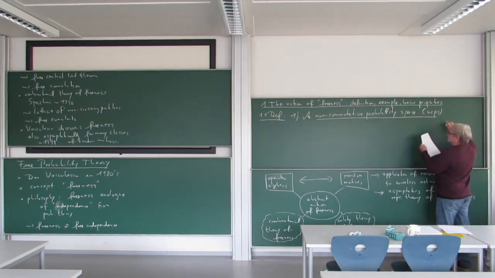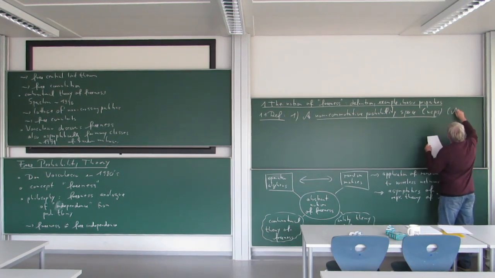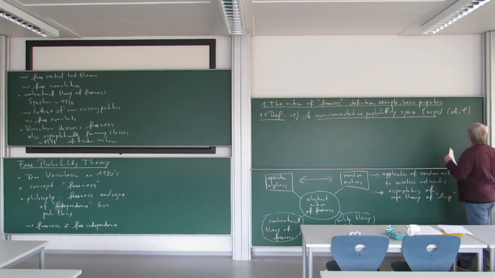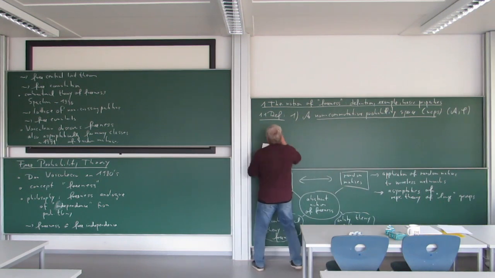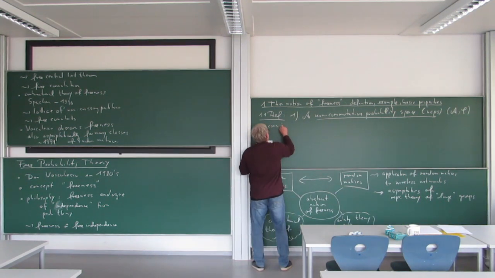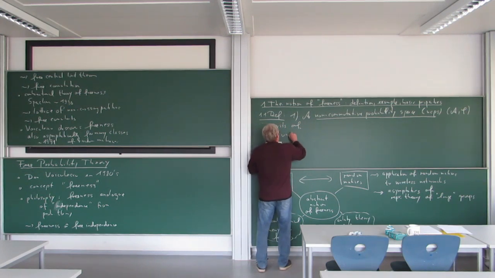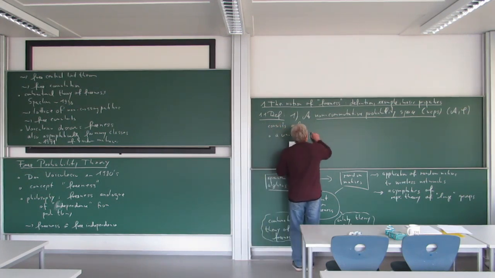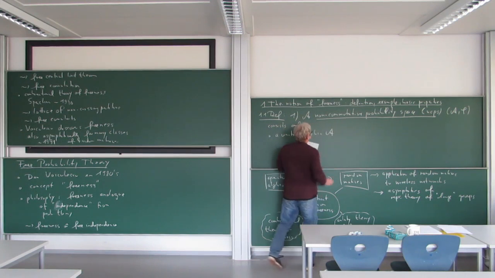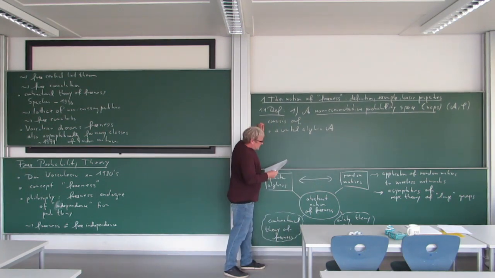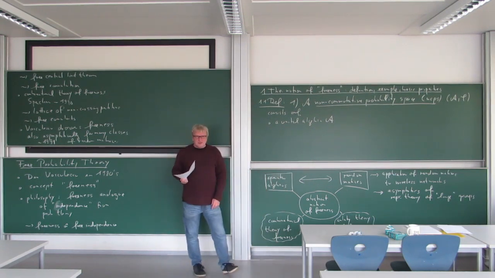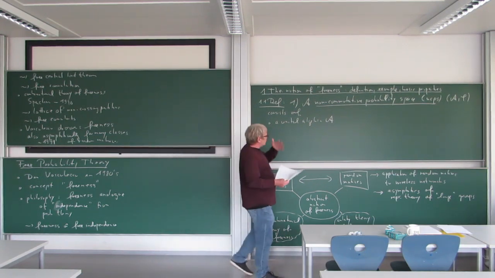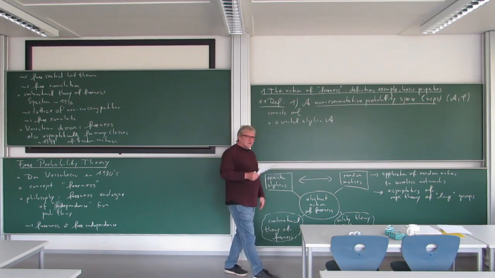So what is this? This is a pair consisting of A and phi, where A is a unital algebra, so an algebra with 1, and phi is a unital linear functional. So it's a linear mapping from A to C, but it's unital.